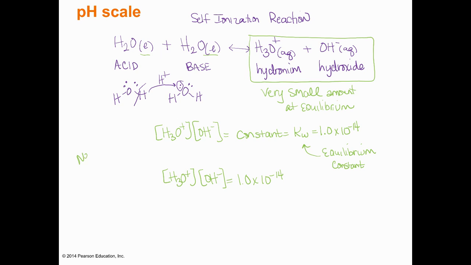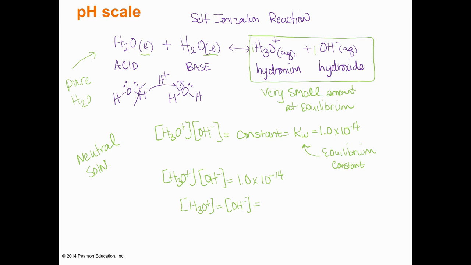Now, for a neutral solution, which we're describing because we just have water, right? This is just water. If you notice the mole ratio here, 1 to 1, right? 1 mole hydronium and 1 mole hydroxide. So these guys end up being equal to each other.